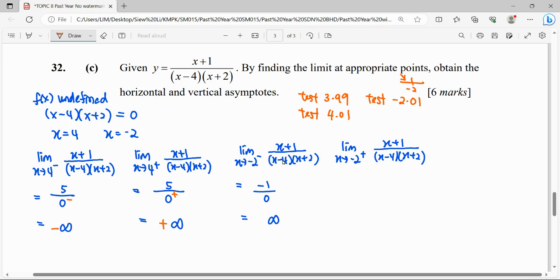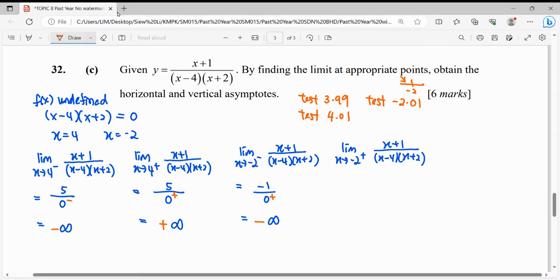So it will approach 0 positively. You can see positive 0 point something. So 0 positive, and negative divided by positive, we have negative infinity.